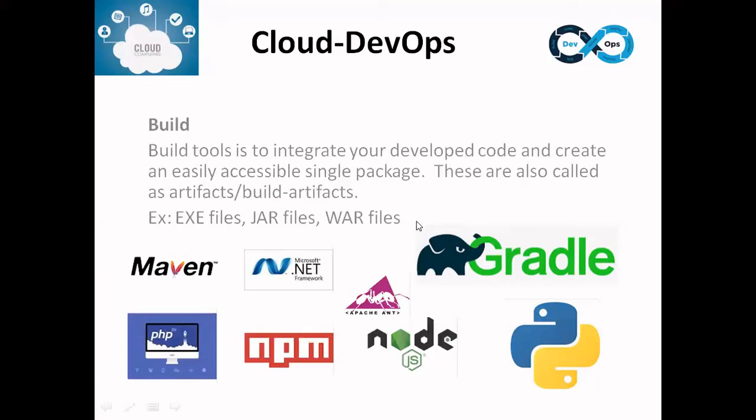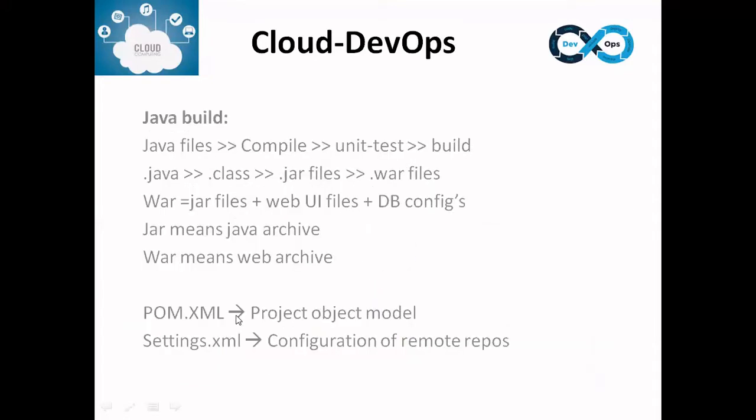So in the Maven build tool section, there are two important things: one is pom.xml and the other is settings.xml. Pom.xml is the project object model, and settings.xml is the configuration of remote repos. These are the two important files related to the Maven build tool.